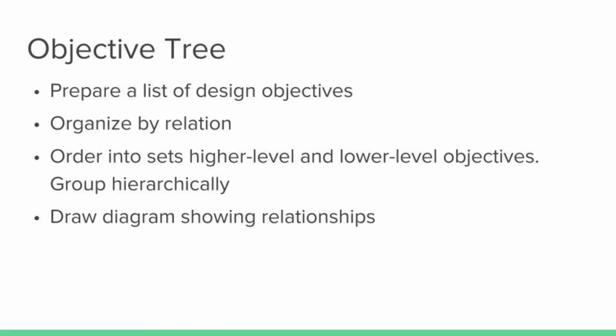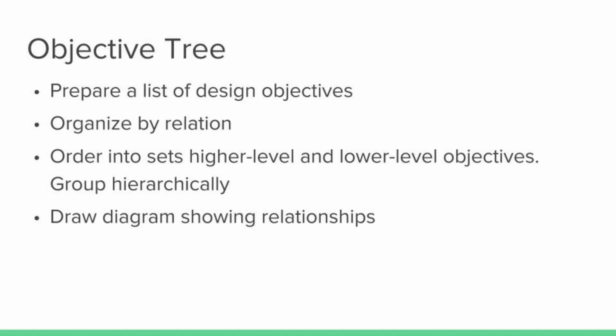The next part of developing your specifications is to consider doing an objective tree. This is where you come up with a list of your design objectives. And it's almost the same thing as your requirements and specifications, but what do you want it to do? And then organize them by relation.